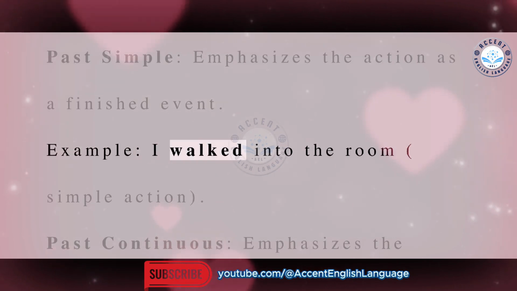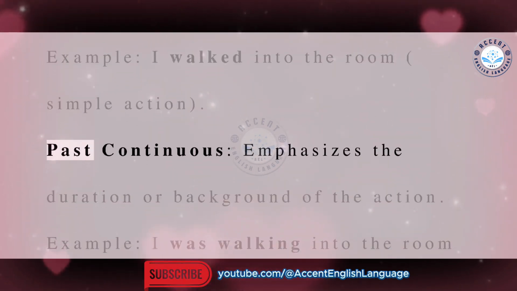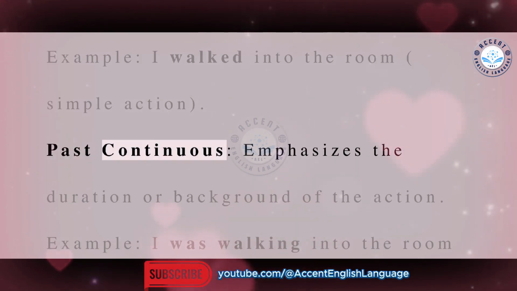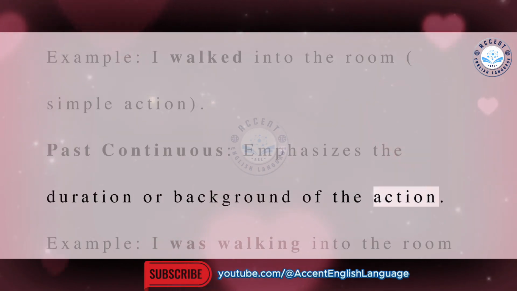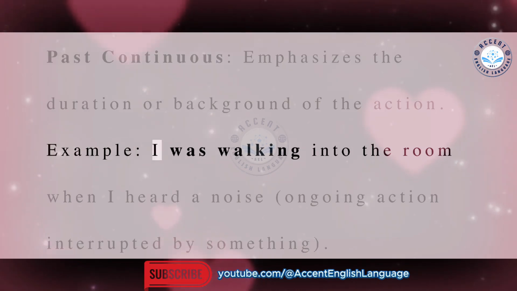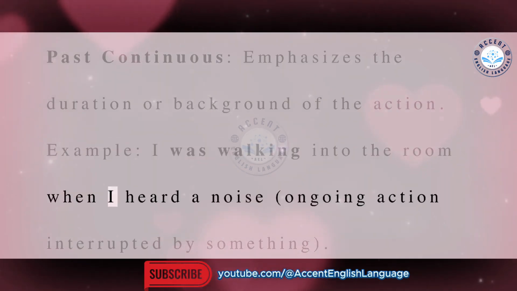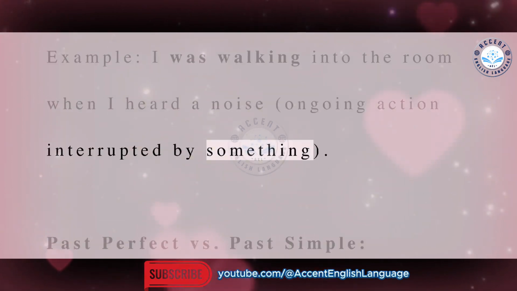Example: I walked into the room. Simple action. Past continuous emphasizes the duration or background of the action. Example: I was walking into the room when I heard a noise. Ongoing action interrupted by something.